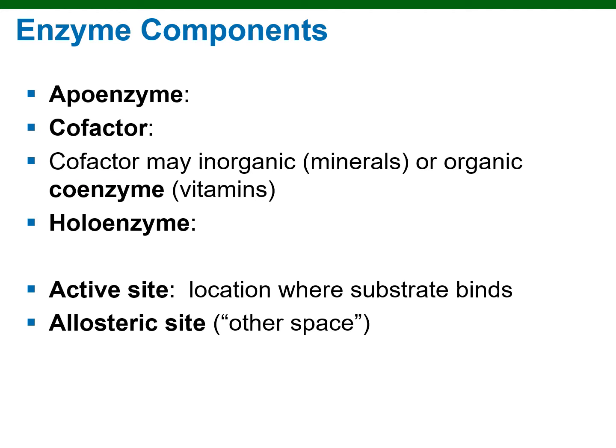The molecular anatomy of an enzyme involves many components, and we begin with the most important or largest component of the enzyme, which is the apoenzyme or protein portion of an enzyme. So almost all enzymes have this apoenzyme protein portion.